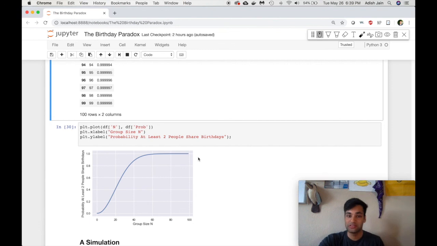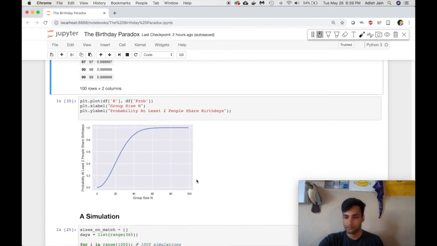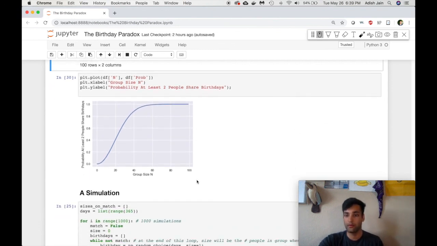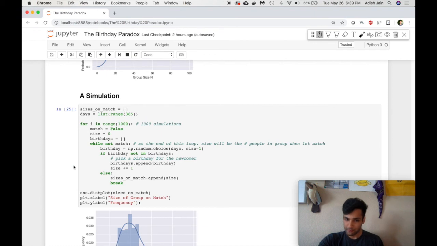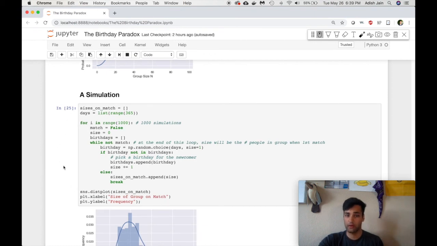But let's go even one step further, because now we've constructed the math and done the theoretical calculations. So now let's run a simulation and see whether the empirical statistic that we see from running this simulation matches what theory tells us. I won't go into this code in detail, but I'll give you the gist of it. We're going to run a simulation which consists of 1,000 iterations.